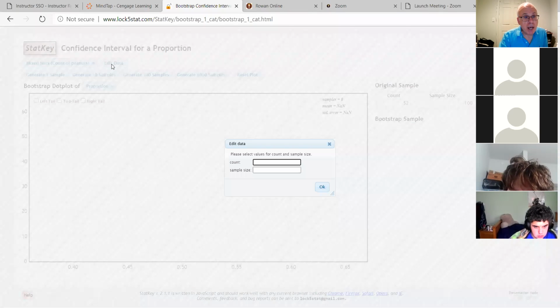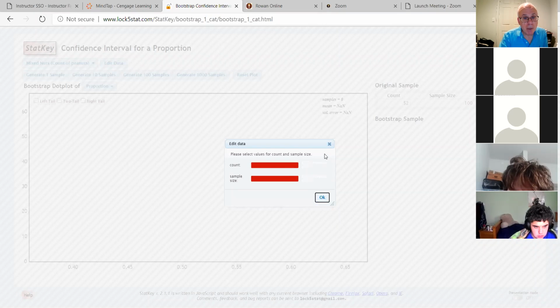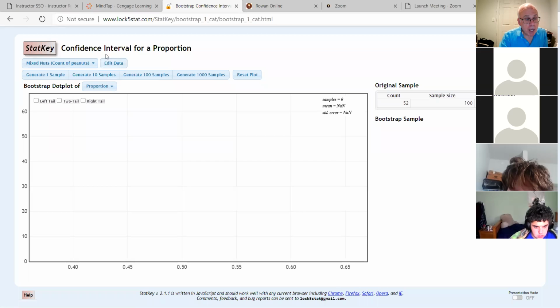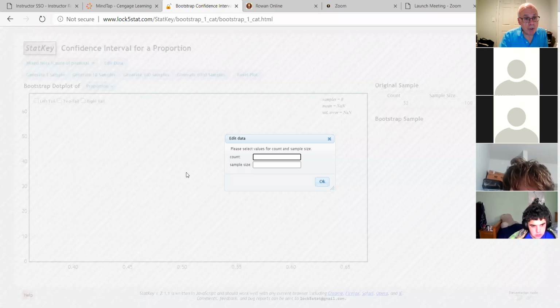If I hit edit data here, there's a button up here called edit data, and it gives you a screen where there are two entries you can enter. The second one here is your sample size. Suppose we want a sample size of 80. We want 80 people that we're going to survey, so we'll put 80 in here. And suppose we want to create a sample proportion.